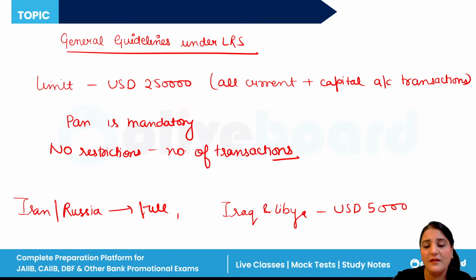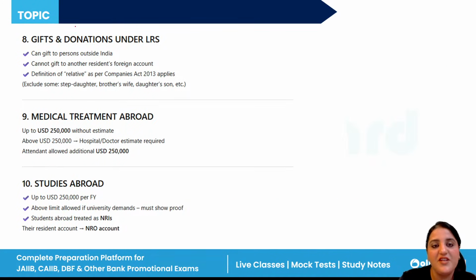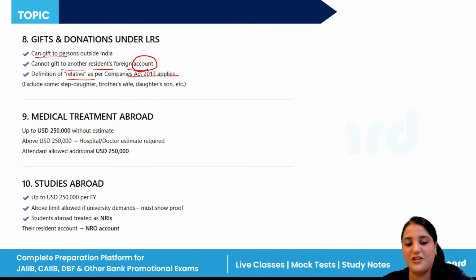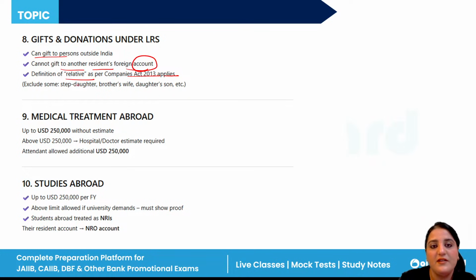So this is the thing. Now here, gifts and donations: anybody can gift to a person outside India but cannot gift to another resident foreign account, right? And the definition of relatives under the Companies Act 2013 applies, but in that definition everything related to relatives is involved, but not the stepdaughter, brother's wife, daughter's son; they are not allowed.